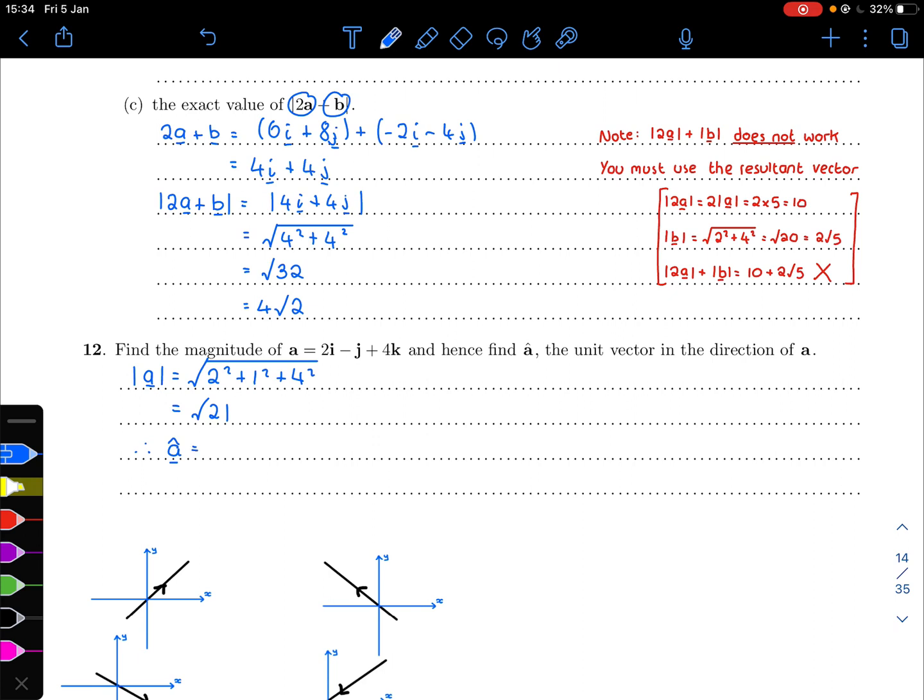So the unit vector, A hat, would have to just be the vector itself divided by its magnitude. In other words, 1 over root 21 lots of the original vector. And probably nicer just to leave it like that rather than expanding that bracket and writing each bit over the square root of 21. But we could do if we wanted to.